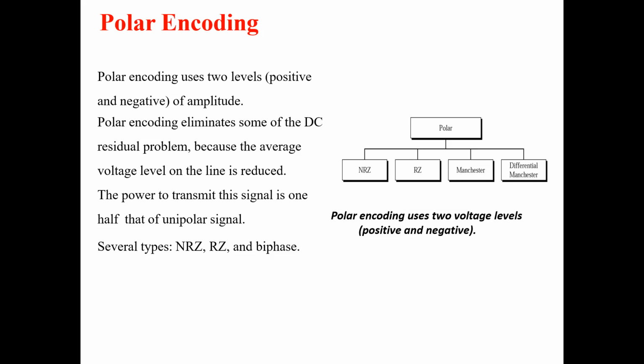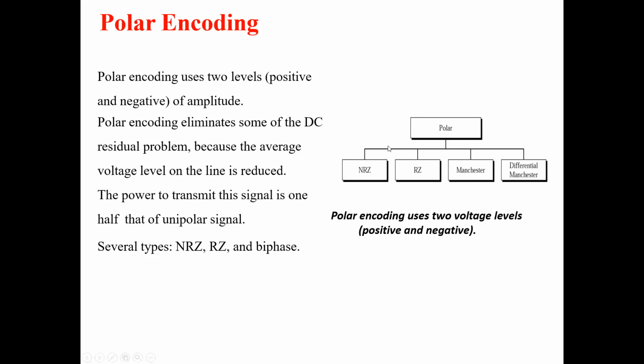This is in terms of signal encoding; polar encoding types are there. How are we using this encoding? Again going back to the definition, encoding means we are converting the data into voltage levels.